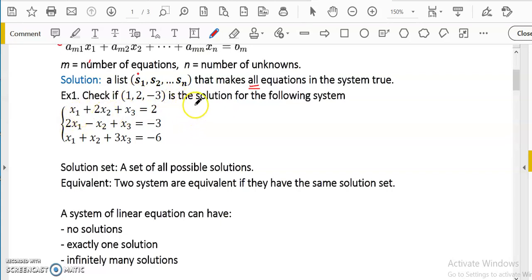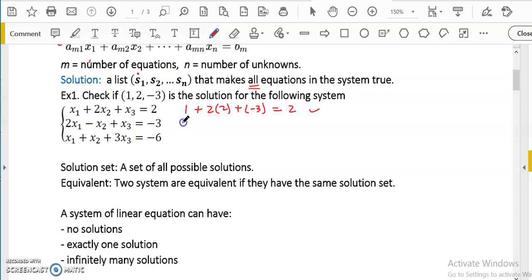So let's check. I'll plug in 1 for x1, 2 for x2, and -3 for x3. If you add this together, 5 minus 3 is 2. So this is right, and it actually equals 2.